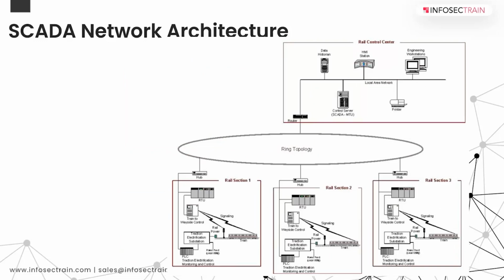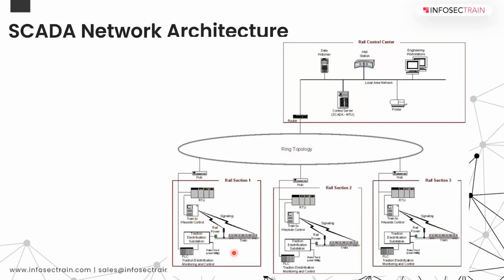So this implementation shows a SCADA network. Basically, this is for the railway sector, where the rail control center is the control room of the different sections of rail, right? And this could be on a single line at different locations.